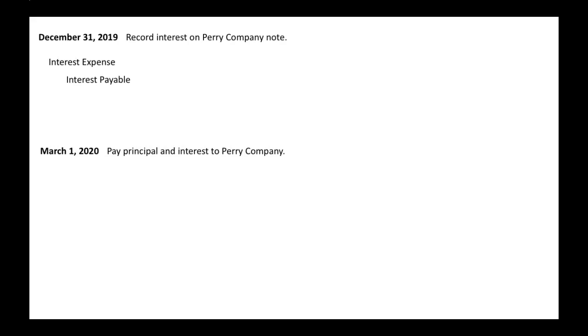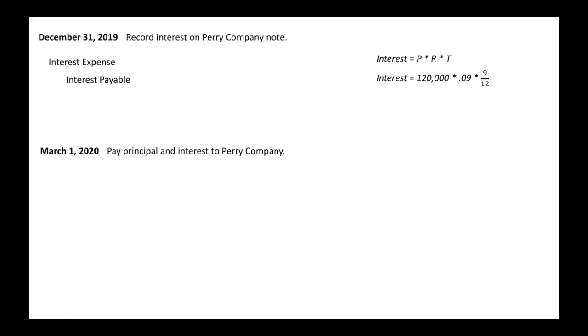Now, how do we know the number? Well, we need to calculate it again. So we go principal times rate times time. Our principal is $120,000. Our rate was 9% or 0.09, times 9 over 12. And how did we get 9 over 12?